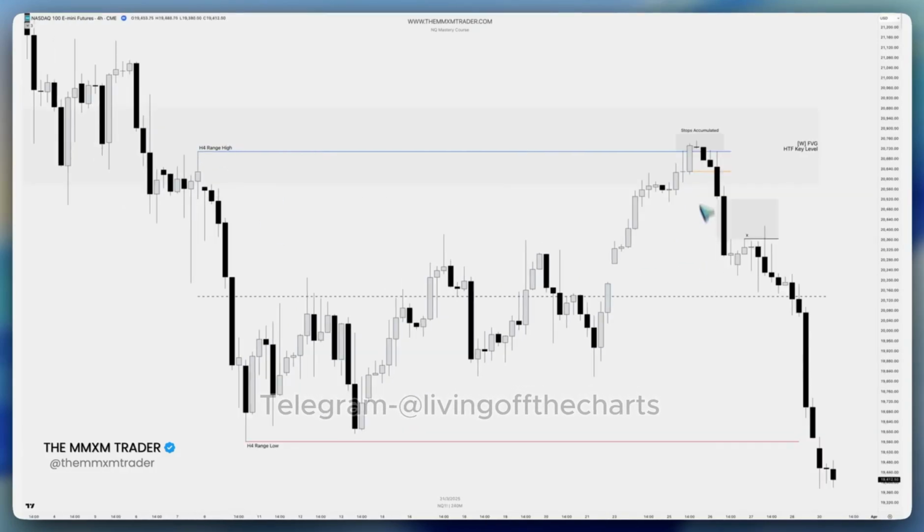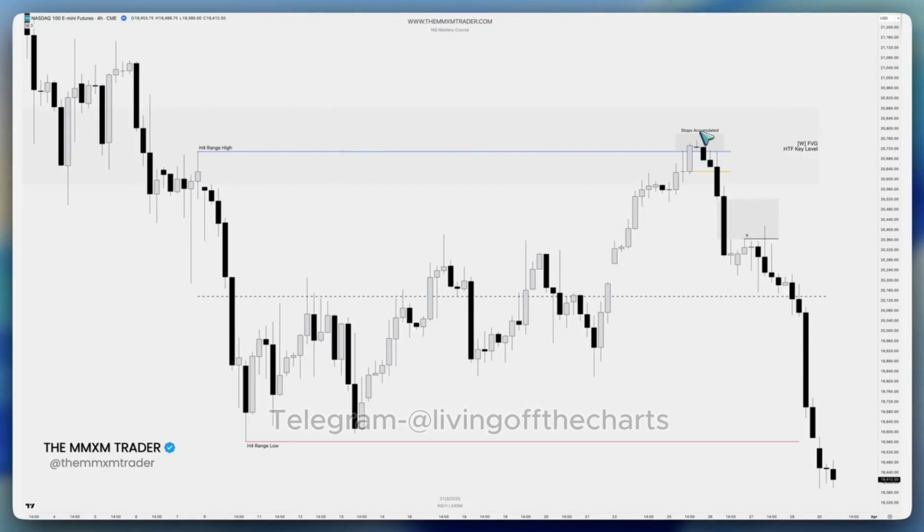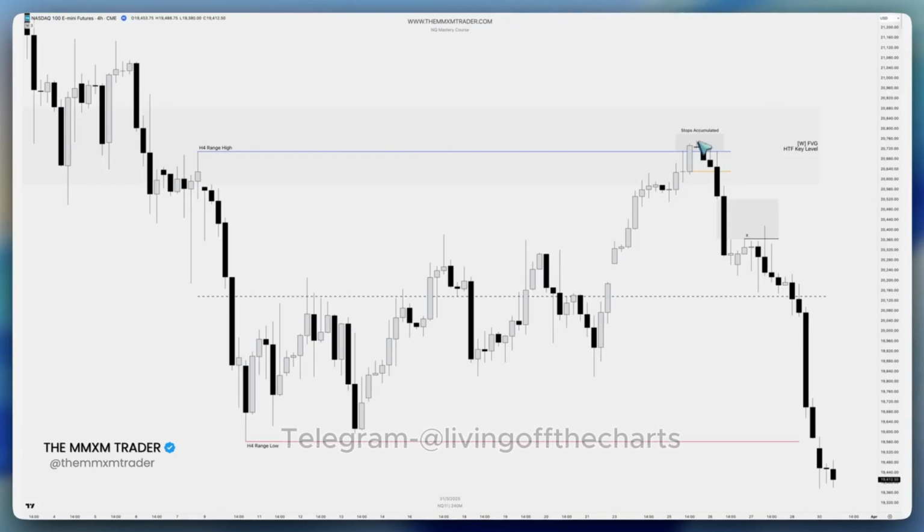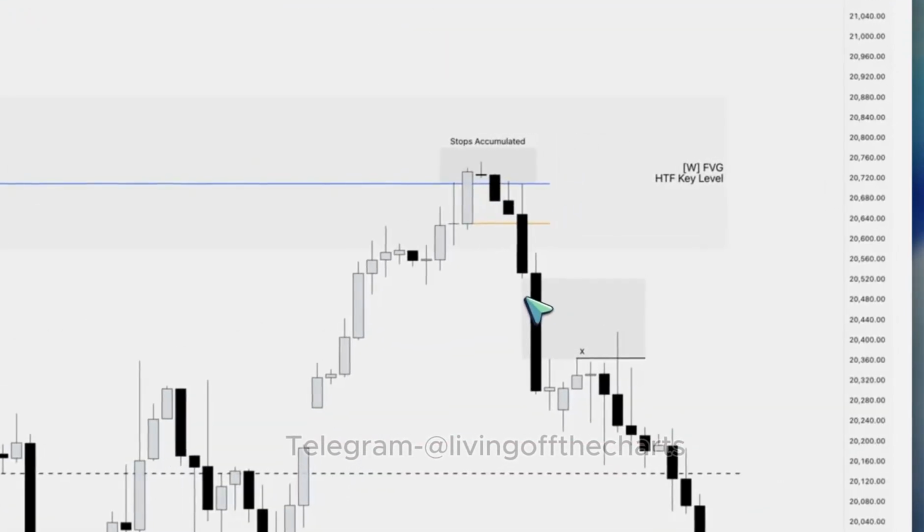And then we attack the range low, equilibrium. So as we accumulate the stops above the 4-hour range high, we then are using the market structure as well and the PD arrays on the range time frame to frame our trades on the way down. So as we accumulate the stops here, candle closure, close below this down close candle, changing the state of delivery right there, so you're bearish from there.